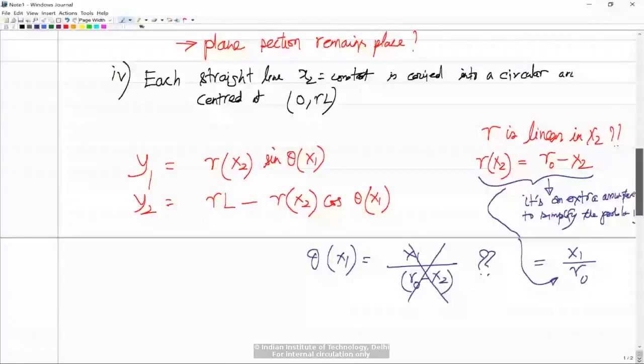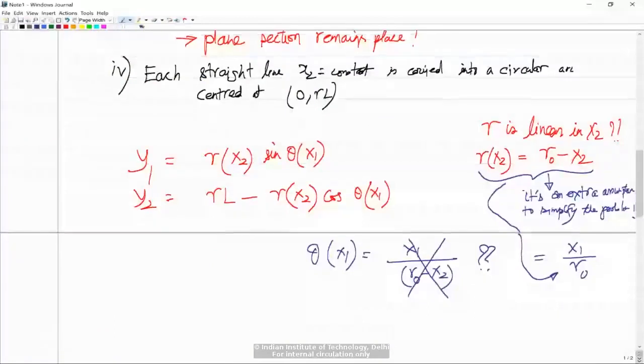It holds when you have uniform bending. In case you don't have uniform bending, then theta prime, from this, what you see is that theta prime is equal to 1 by r naught, a constant.